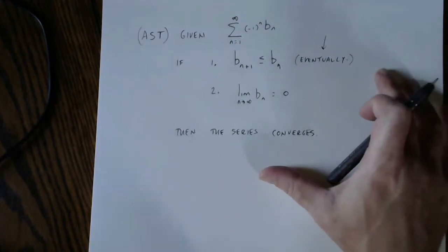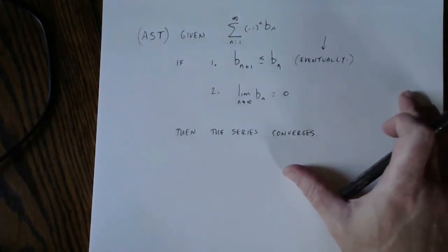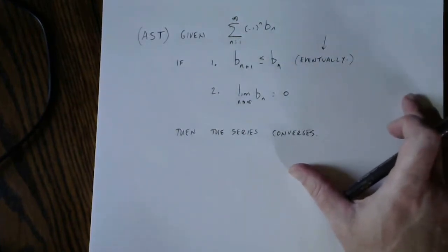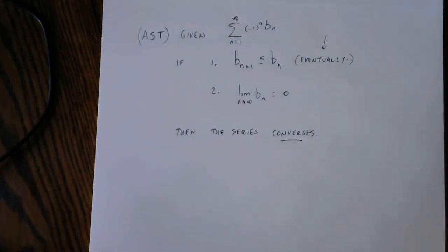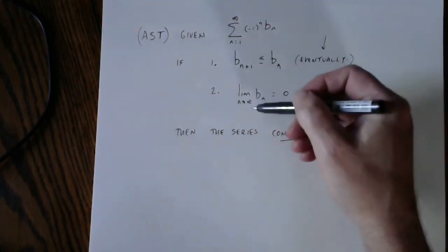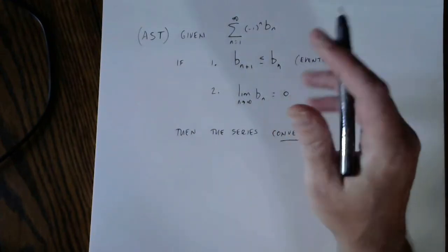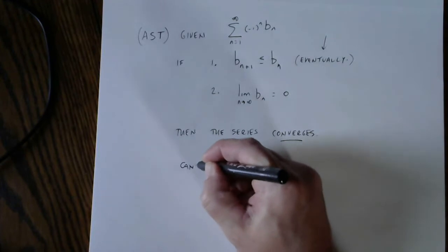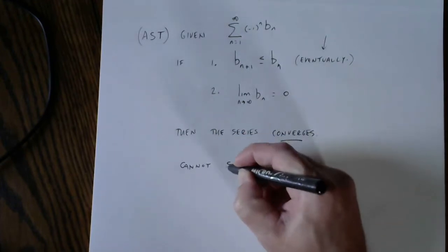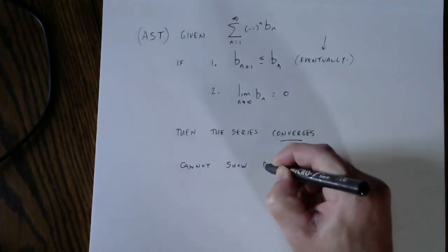Again, an important point of this, similar to the divergence test, is that this only can show one thing. It can only show convergence. So if one of these conditions fails, the test has sort of failed. It's inconclusive. So we're going to add as a note here, cannot show divergence.